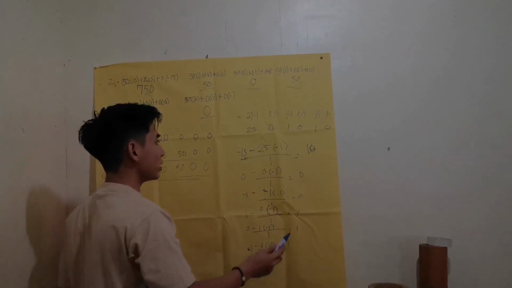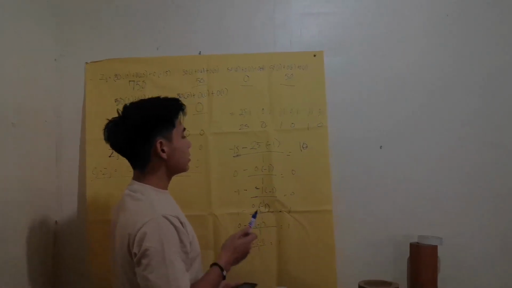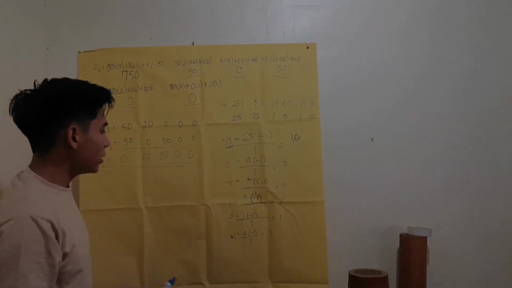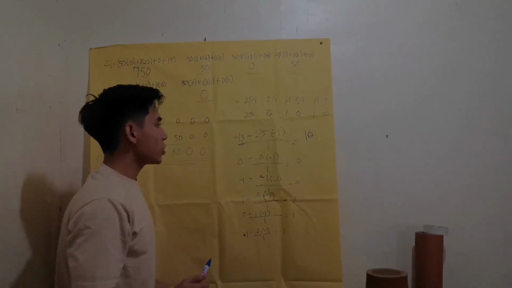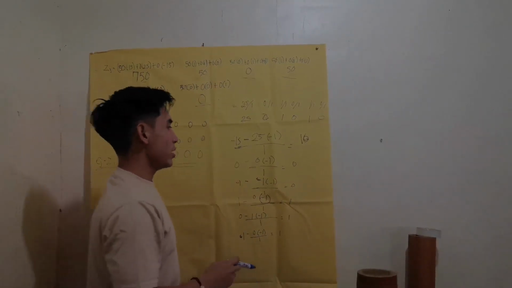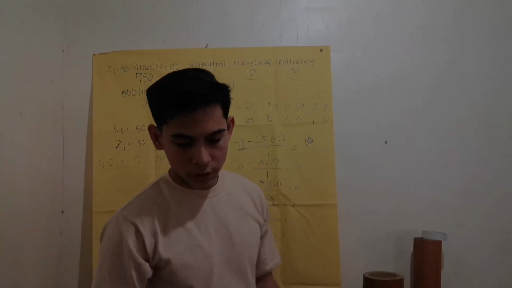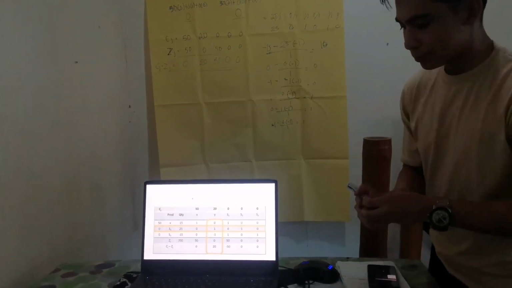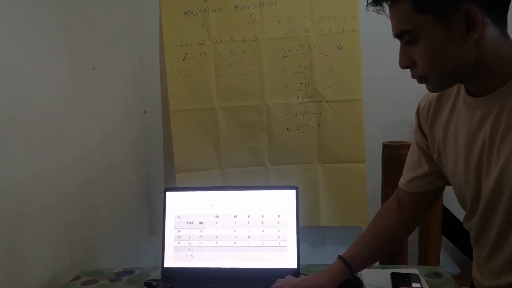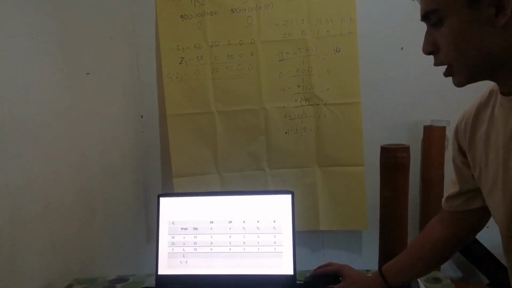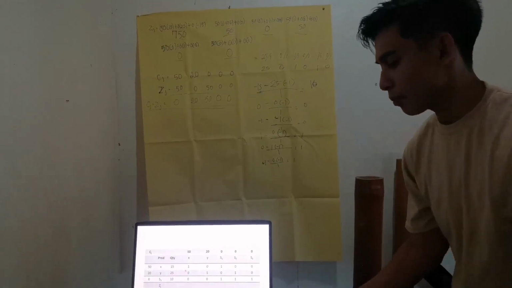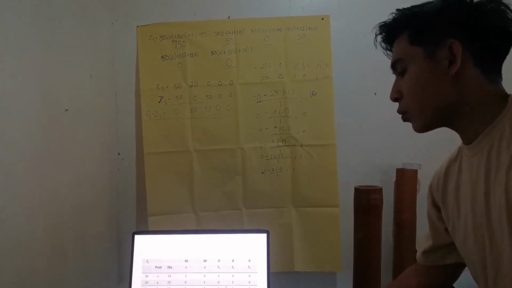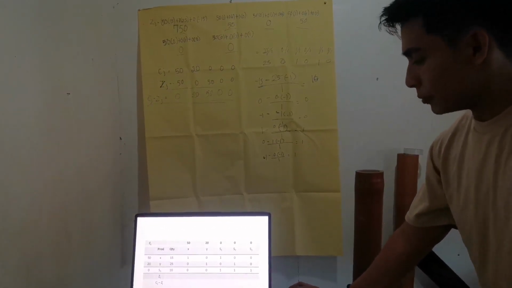So ito yung nakuha natin na mga value. 10, 0, 0, 1, 1, and 1. So yan na yung bagong value ng S sub 3 row. So kita natin dito. Ito na. Na-input na natin siya sa tableau natin. Yung 10, 0, 0, 1, 1, and 1.